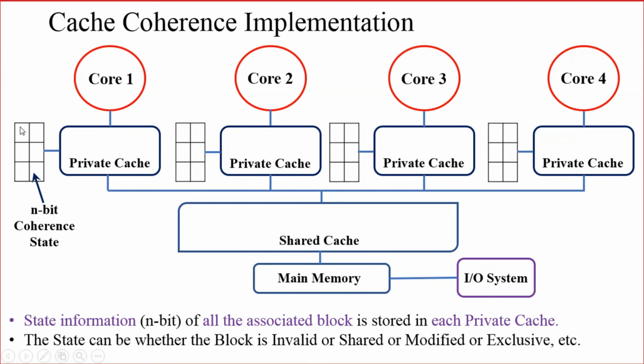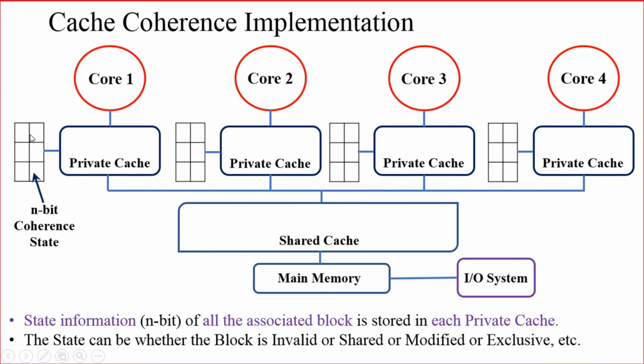That can be read from this table known as the n-bit coherence status table. If you have 10 blocks, 10 entries will be there in this table. Each entry specifies the n-bit coherent state of one block. Similarly, for each cache, this table will be there.